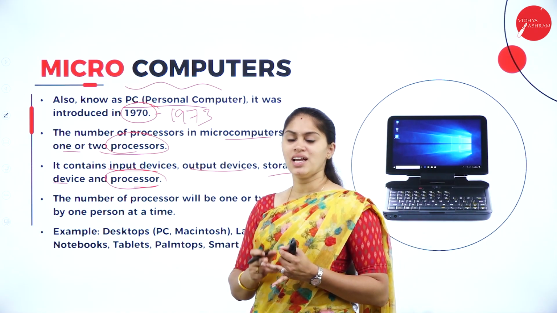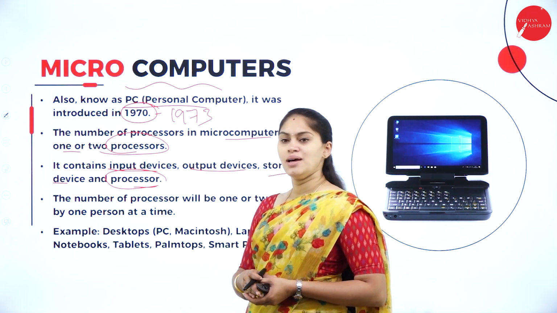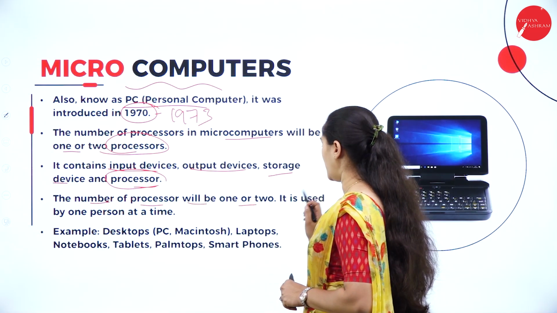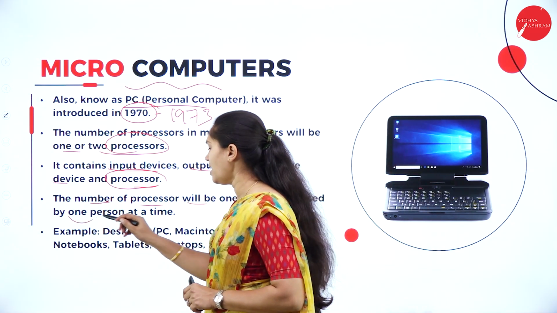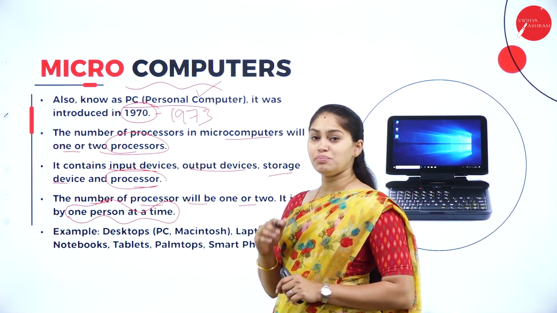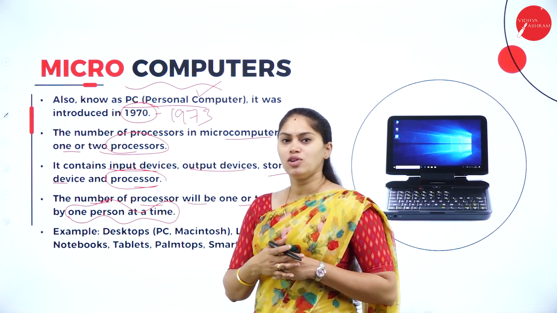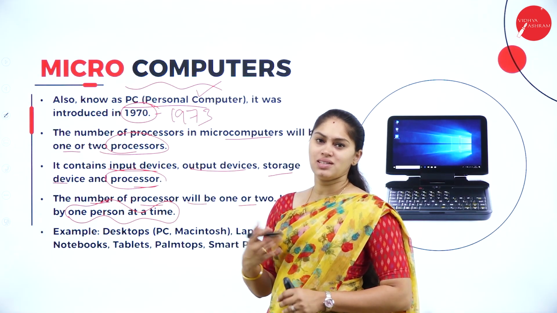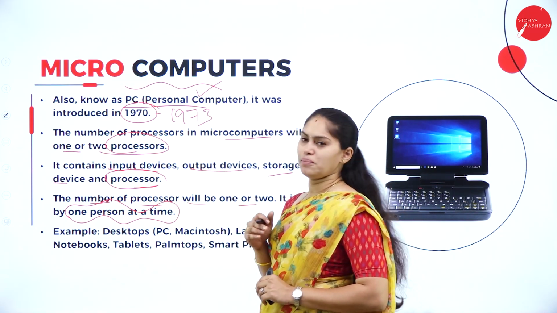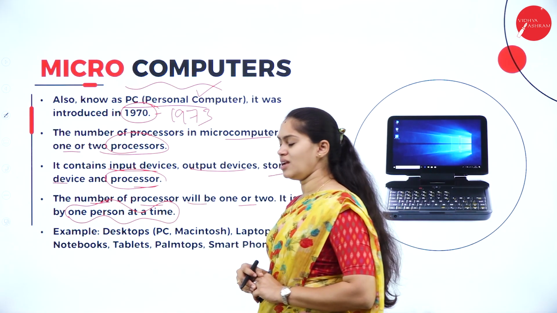Based on the number of processors being 1 or 2, it is mainly used by one person at a time. That is the reason we call it a personal computer. When a person is using it for their own benefit or personal use, we call that kind of computer a personal computer. At a time it can be accessed by only one person.